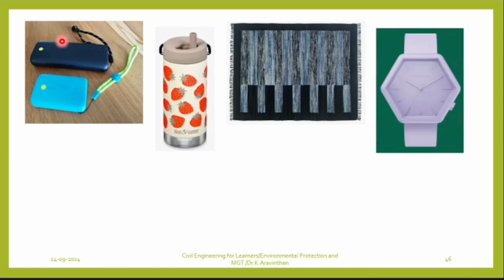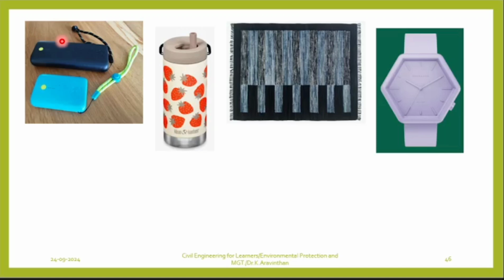Now, next one, watches. Watches are available at a cost of 1000. Fastrack, if you take Fastrack, 1000 plus will be there. If you take branded Titan, 2500 plus. Now, if you go to KR Market or Majestic, you can buy a Fastrack watch for 1500.